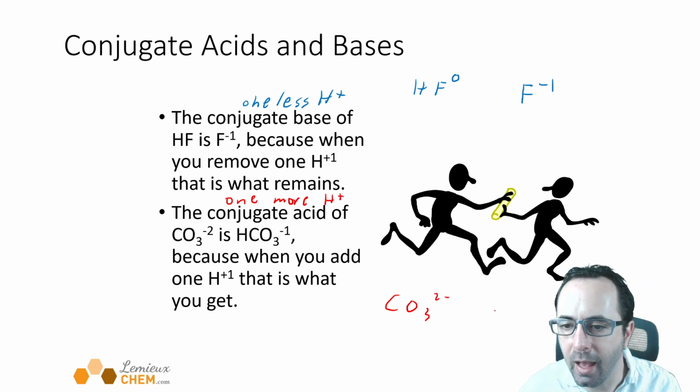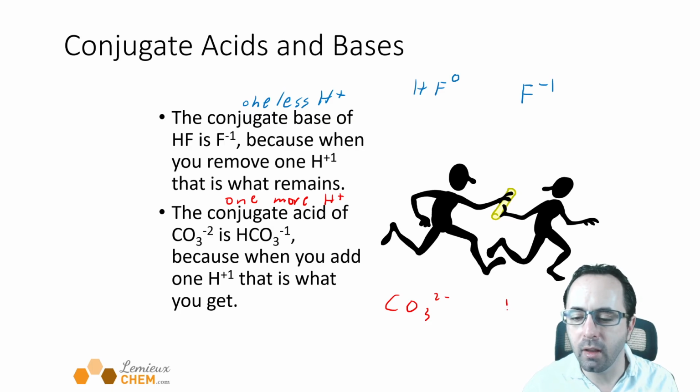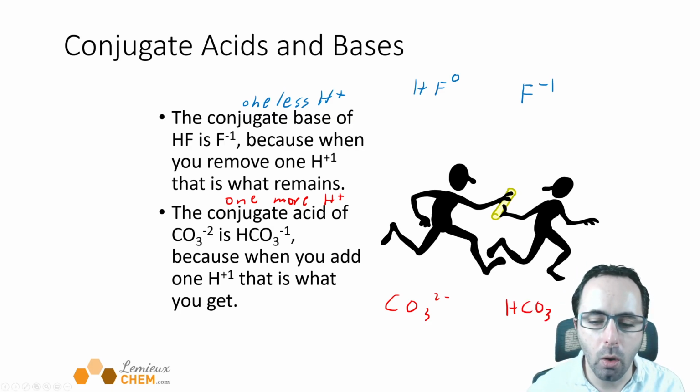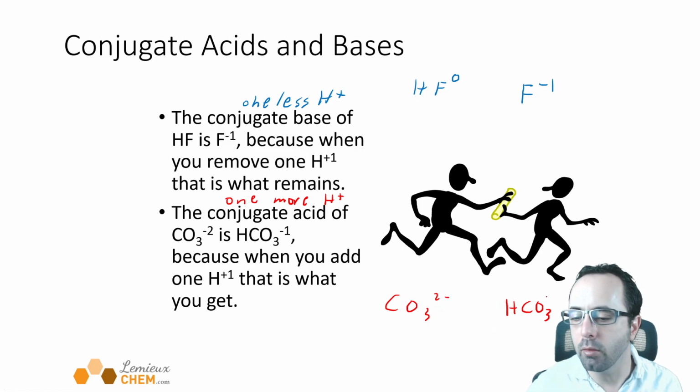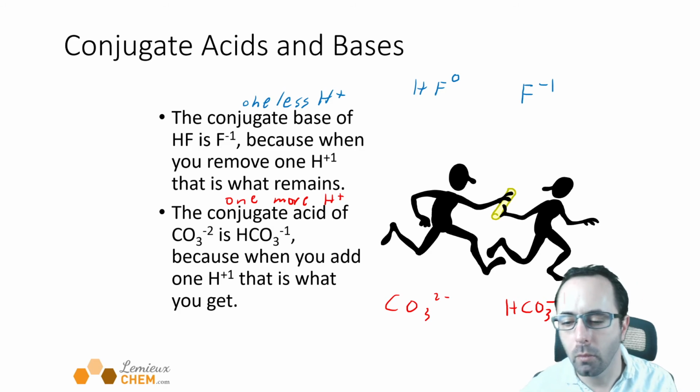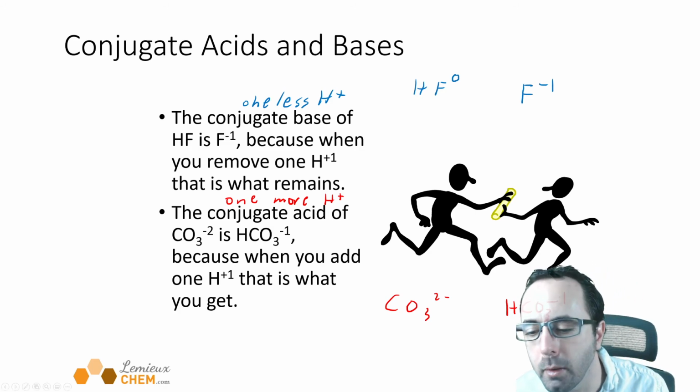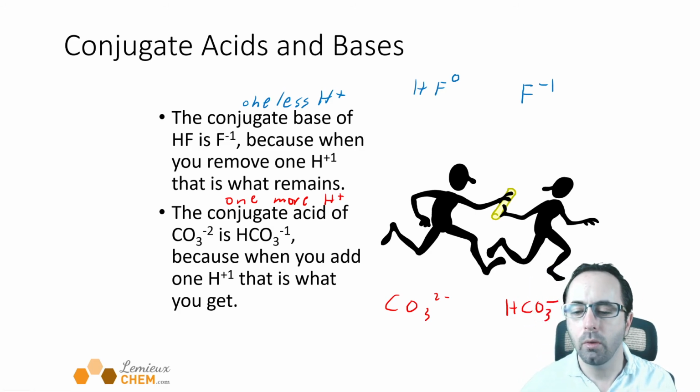So if you add an H+, well, it's going to have an H now in HCO3, and the charge will go up by 1 unit from -2 up to -1. You don't have to write the 1, of course, but so they differ by 1 proton. The bicarbonate has 1 more proton than carbonate, so you have 1 H and the charge is 1 higher, from -2 up to -1.